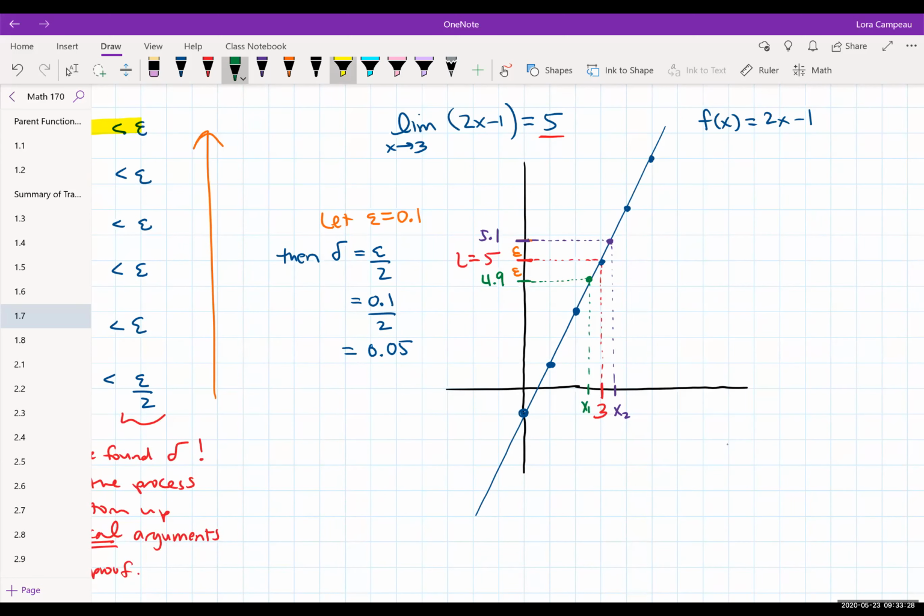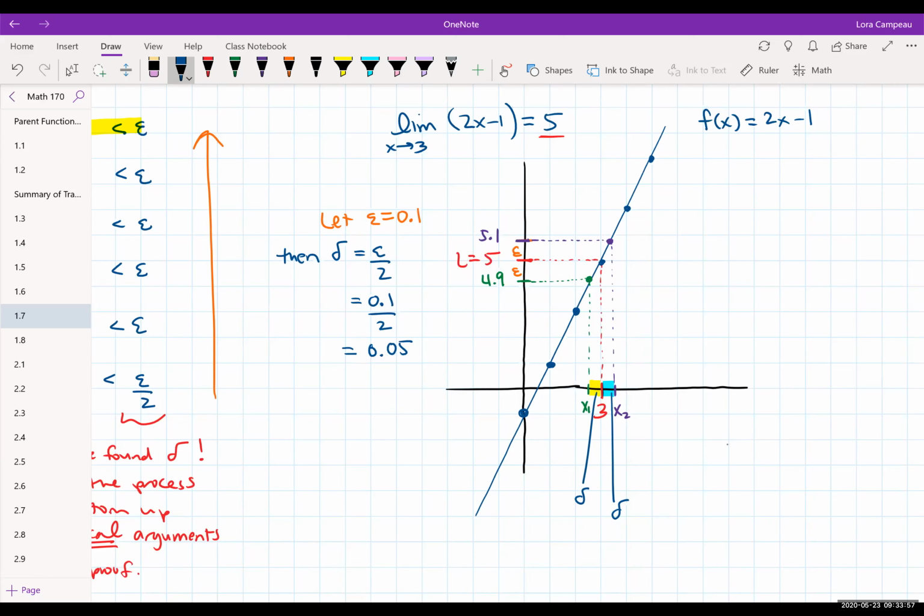And what we are concerned about is relying on our distances. So remember, we have the distance from x1 to 3 and the distance from x2 to 3. And in our case, what we proved is that those distances, I'll write it in blue, those particular distances are our deltas.